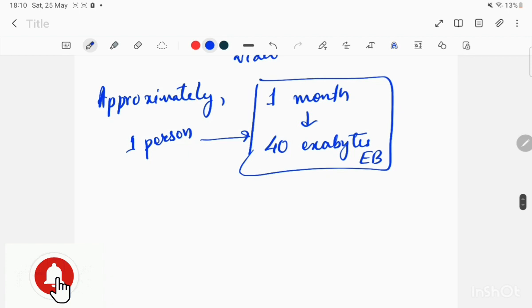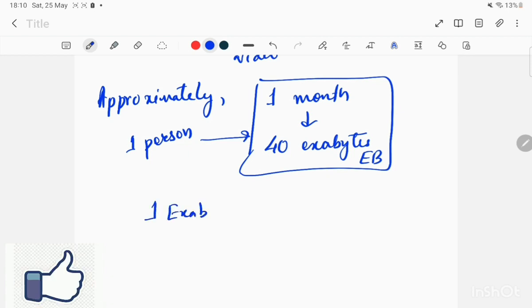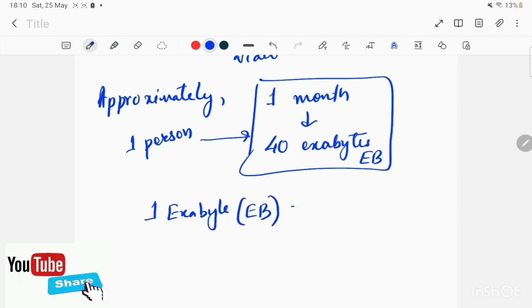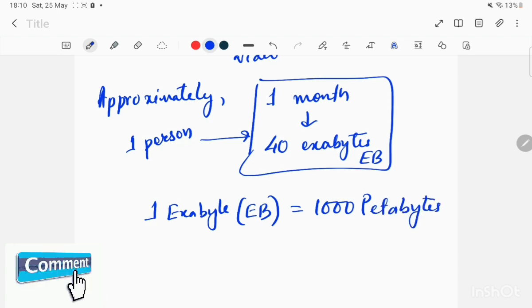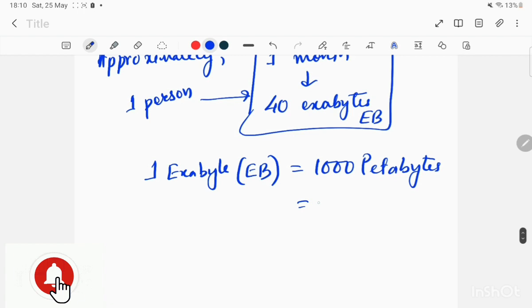What is 40 EB? So when I say 1 exabyte, 1 EB is actually 1000 petabytes. Now what is a petabyte? A petabyte is nothing but 1 million trillion bytes.